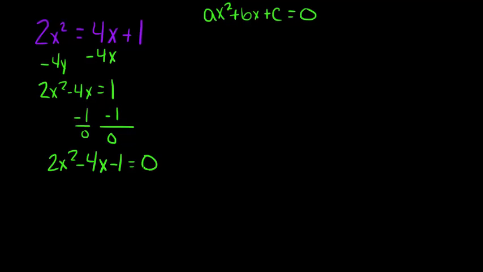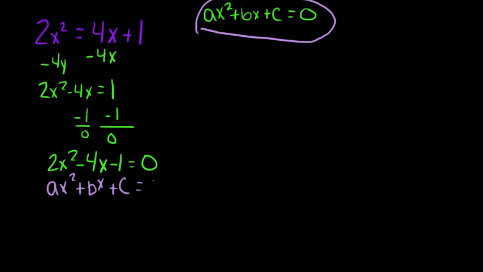Again, from there, we want to show the values for each A, B, and C. Using this form, ax squared plus bx plus c is equal to 0, we now know that a equals 2, b equals, again, remember the sign, so negative 4, because the original equation should have positives in it.